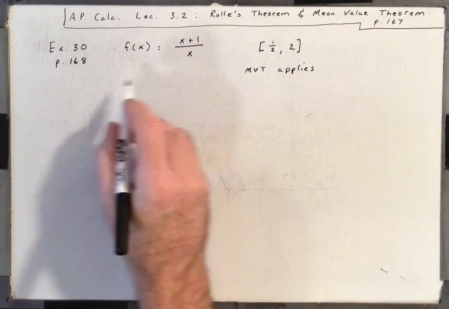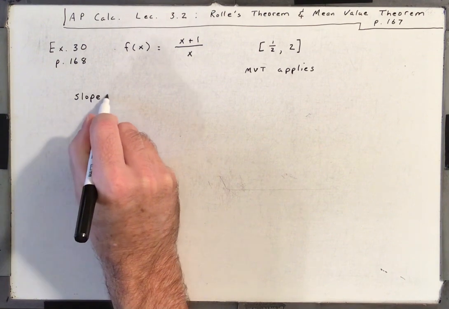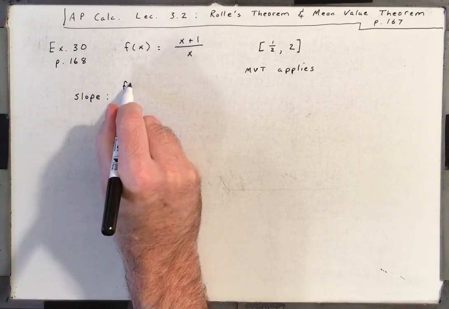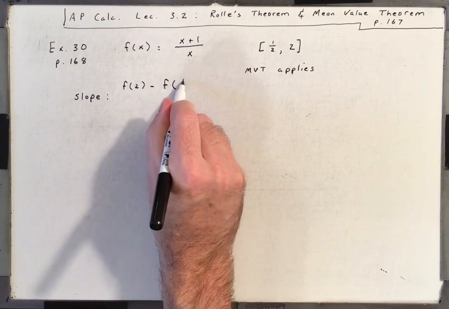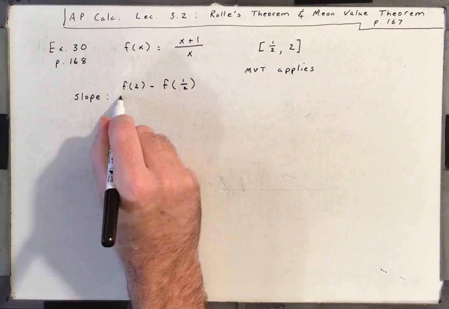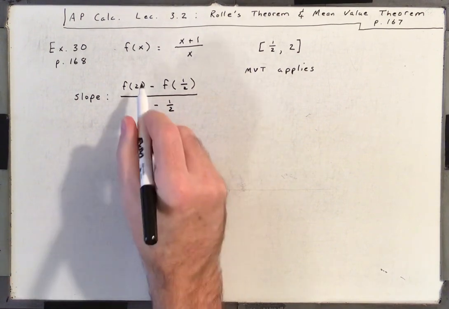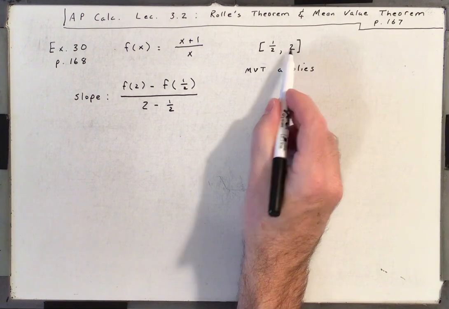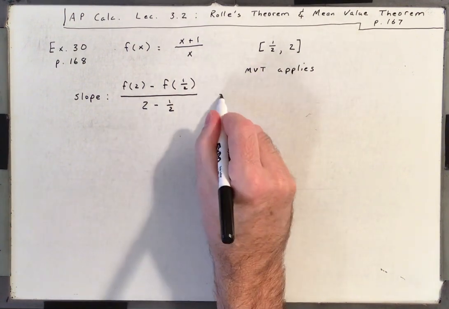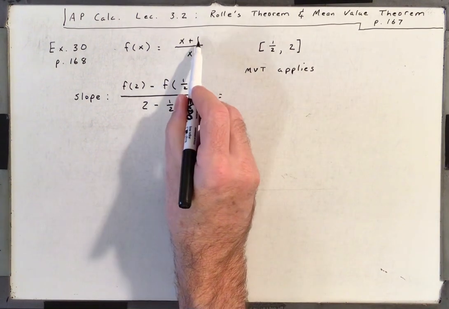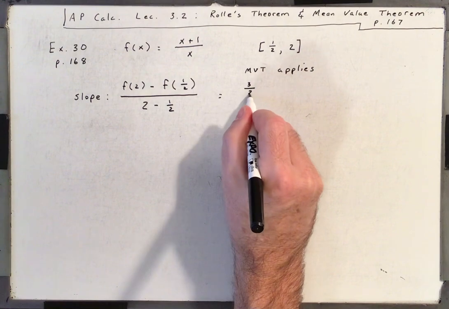So let's go ahead and first let's get the slope. That's going to be f of 2 minus f of 1/2 over 2 minus 1/2. I have to set the derivative equal to the slope. And here are our endpoints. Here's A and here's B. Okay, so f of 2, that's going to be 2 plus 1, 3 over 2 would be 3/2.